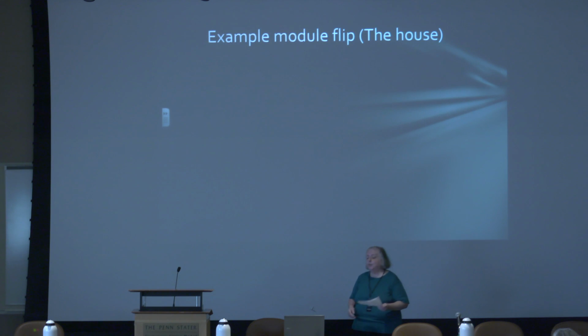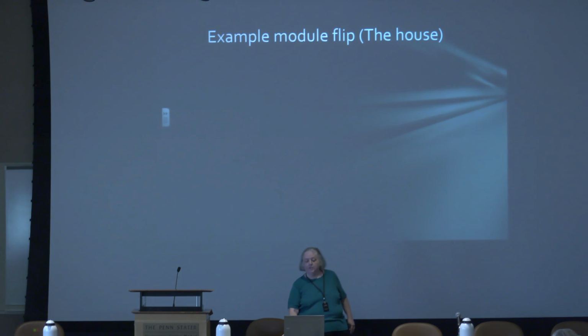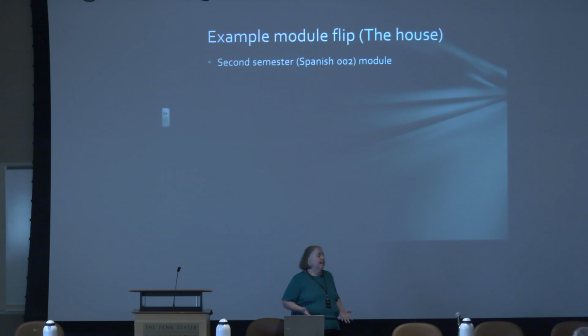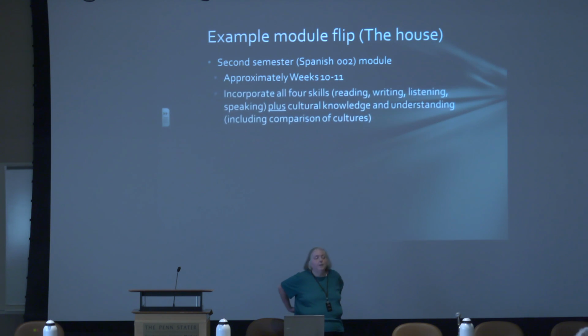So if we look at the first one, what happens is that I always introduce something. And what I tried to do was go ahead and start to put all of them into English so that I could show you today what it was that I do. So generally, okay, so here we have the flip. This is for a second semester class. It's about during weeks 10 and 11, I would say. And we want to incorporate all 4 skills: listening, reading, speaking, and writing.